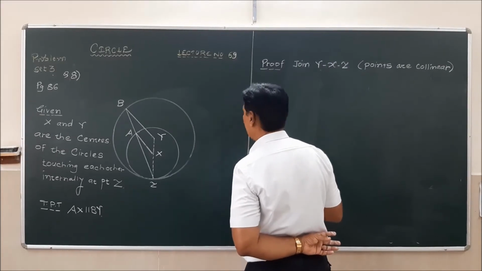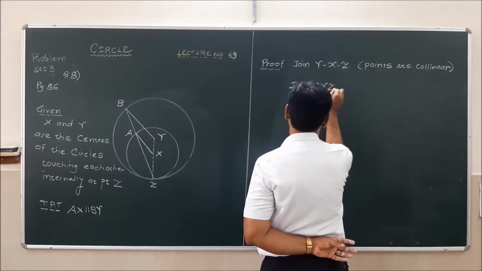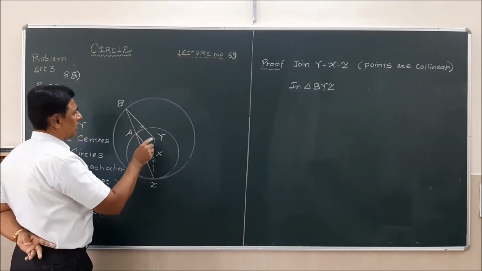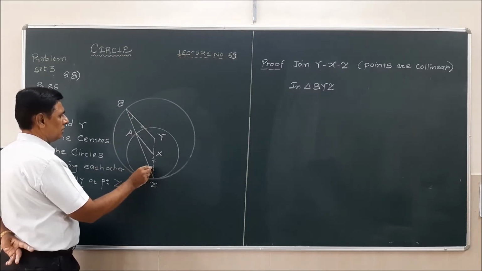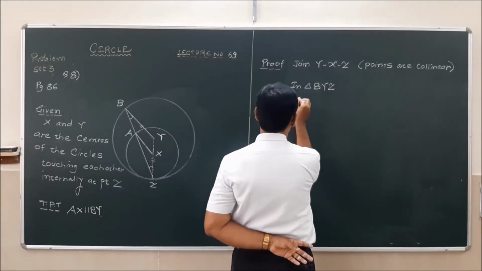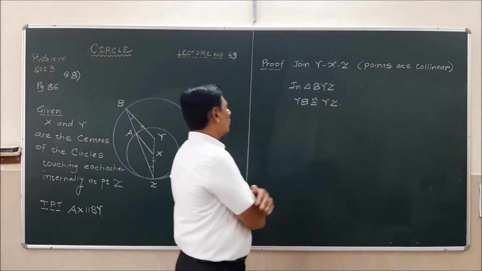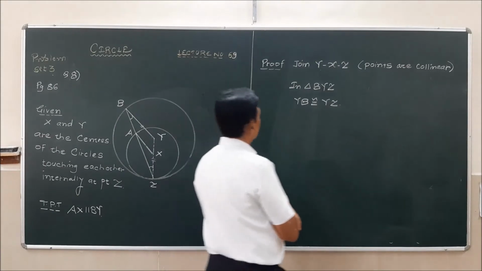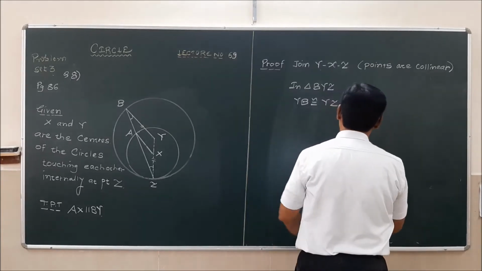In triangle BYZ, big triangle, YB is congruent with YZ. The radii of the same circle.